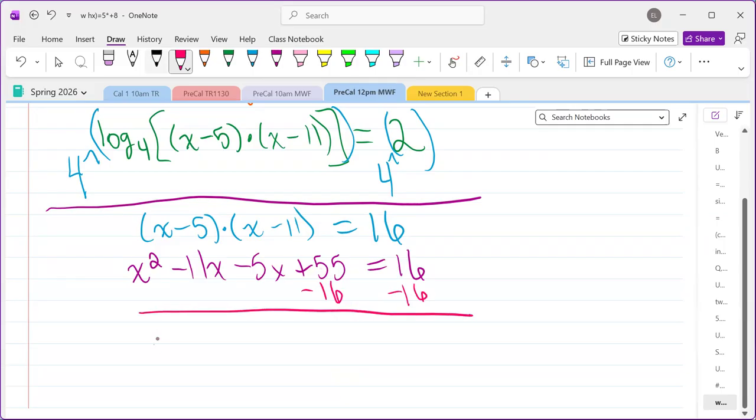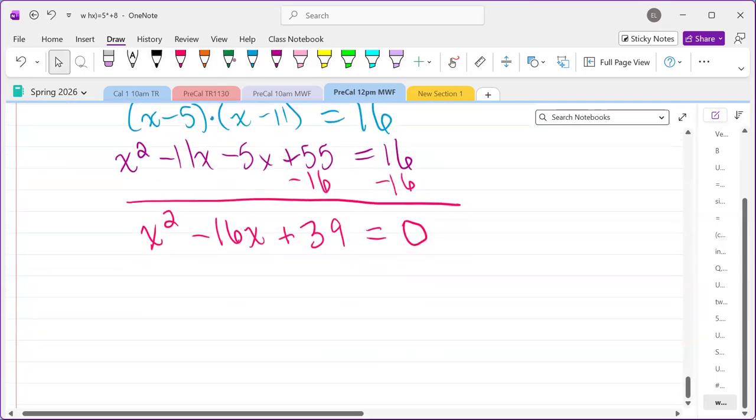And then I'll also combine like terms. So I'll have the x squared. Negative 11x minus 5x is negative 16x. 55 minus 16 is positive 39.